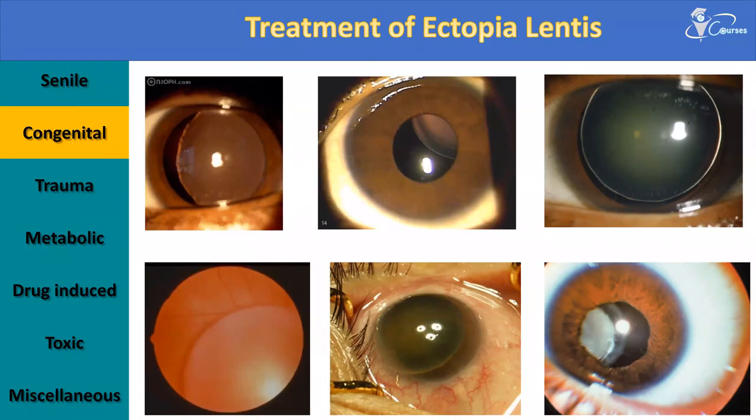Every scenario in ectopia lentis, it took me time to prepare this slide, because in previous years you always ask me how to manage a patient with ectopia lentis. There is no treatment that fits all cases. It will always depend on the presentation and on the patient's complaint.